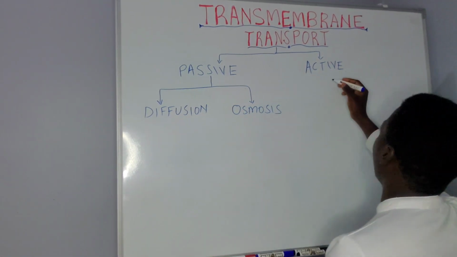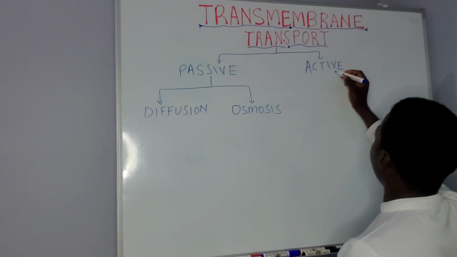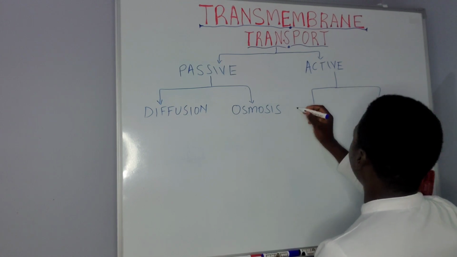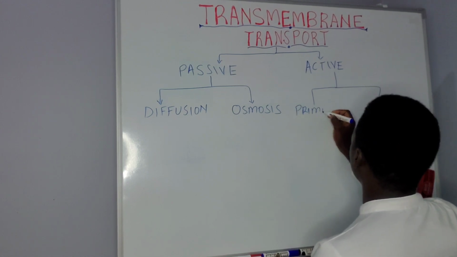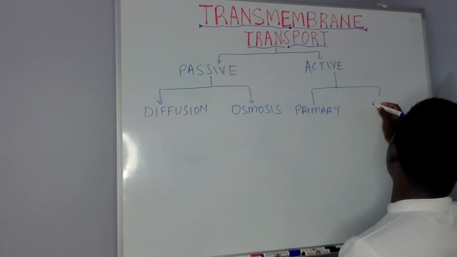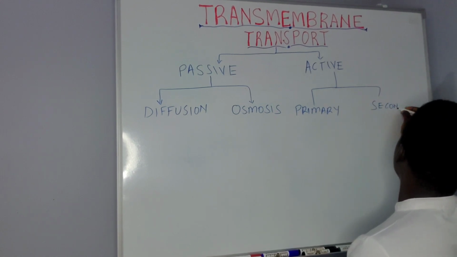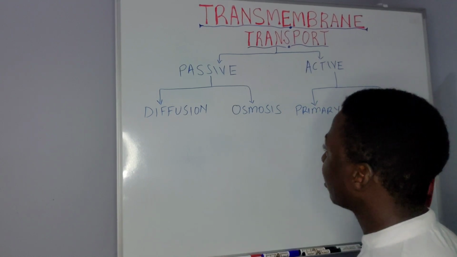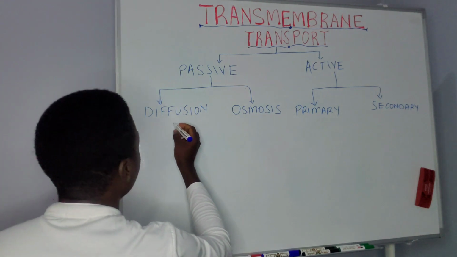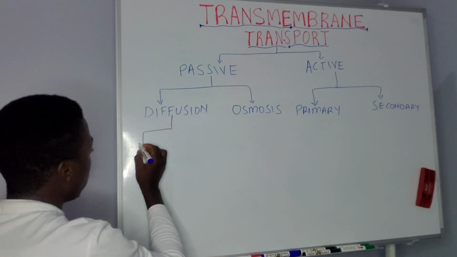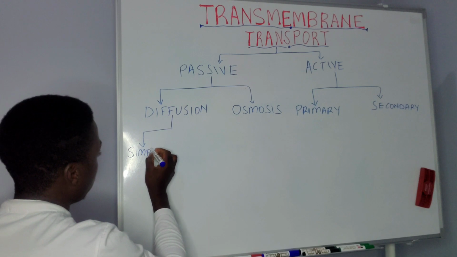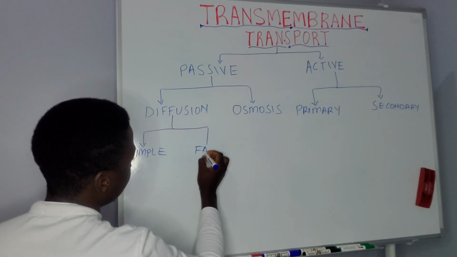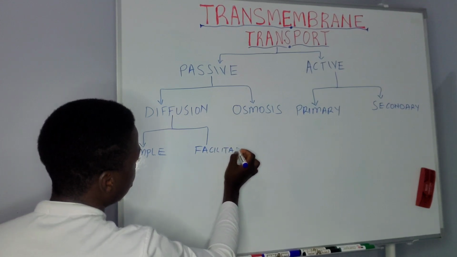And then the other form, under active transport, we can have primary active transport, and then we can have secondary active transport. And then under diffusion, we can have simple diffusion, and then we can also have facilitated diffusion.